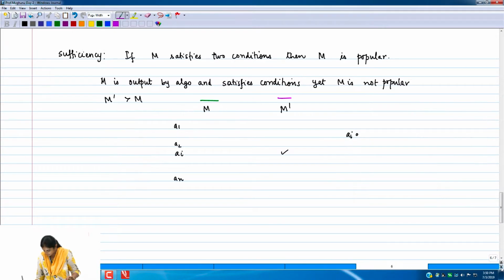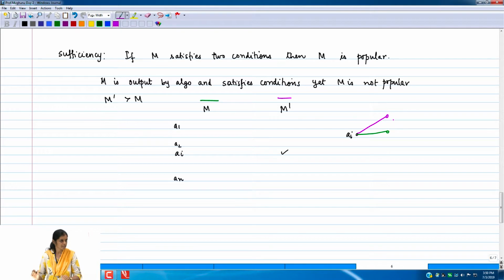So we have certainly a green edge. How that green edge looks like, we do not know. It can be either F of A or S of A, because our matching always matches it to one of F of A or S of A. But what do we know about M prime? M prime also is matched and it prefers M prime over M. That is, it prefers its pink partner over its green partner. Now, if its green partner was F of A, could it prefer its pink partner?